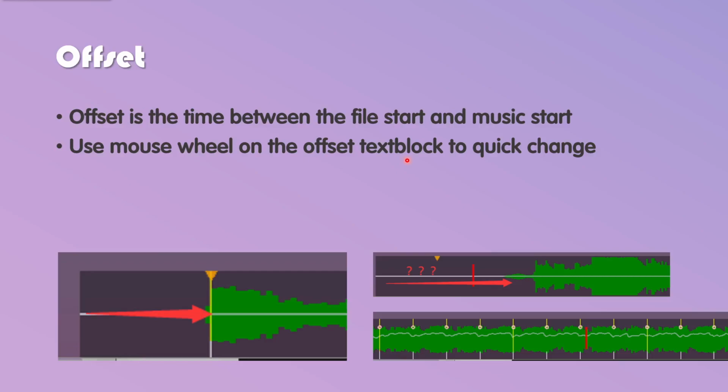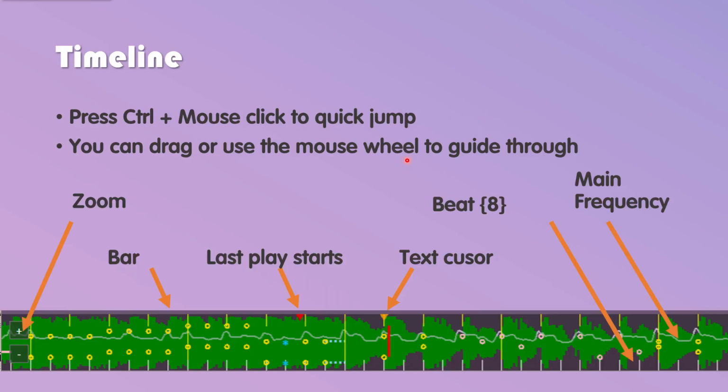And yes, next part is the timeline. So the notes will be displayed on the timeline once you have entered them in the fullman, and you can Ctrl-click the mouse to quickly jump through the fullman, and you can slide this bar or use the mouse wheel to glide left and right.